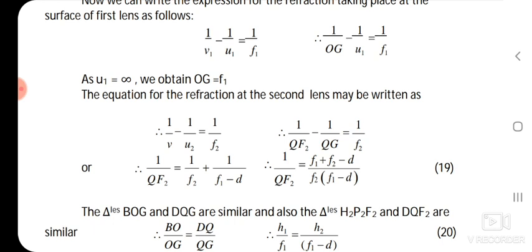From the figure, V1 is equal to OG. Therefore, 1 by OG minus 1 by U1 is equal to 1 by F1. As U1 is equal to infinity, we obtain OG is equal to f1.